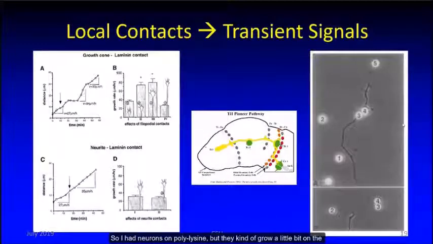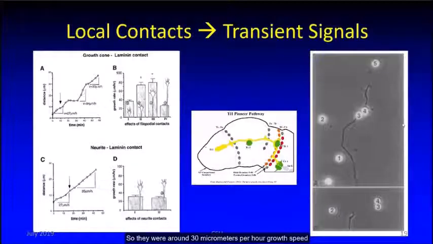So I had neurons on polylysine, but they grow a little bit on the slow side, and then I popped the laminin-coated bead. Laminin is a great substrate for neurons. I put it right in front of the neuron that I knew was going to find it with the filopodia. Then the growth cone made contact, was a little bit around the bead, and then it just sped up.